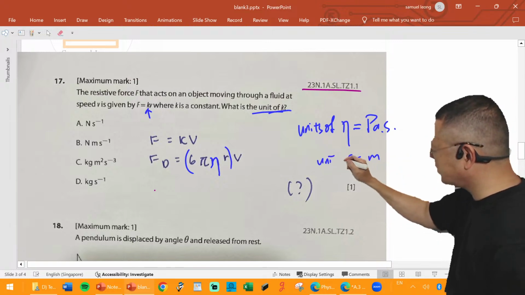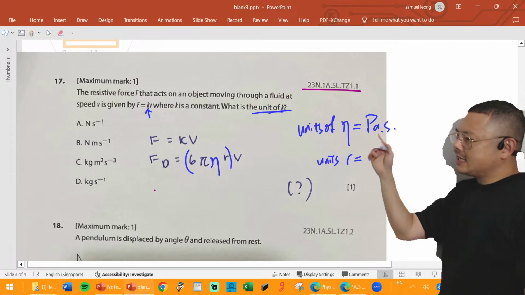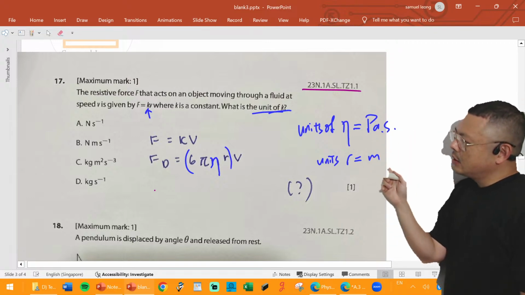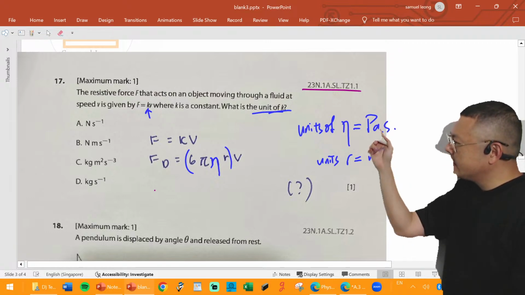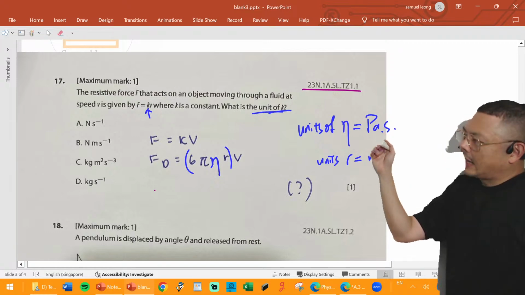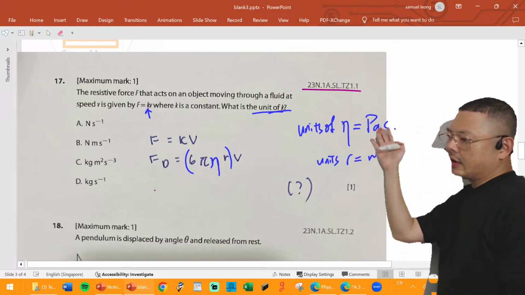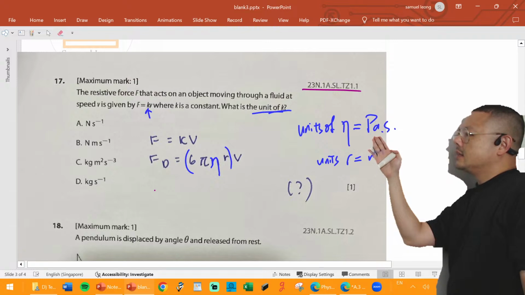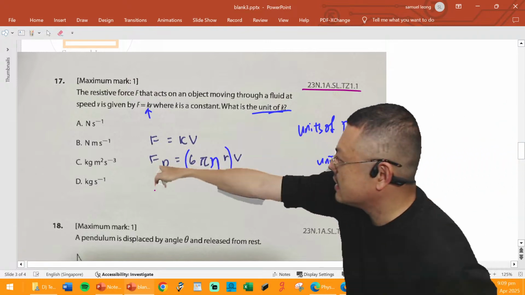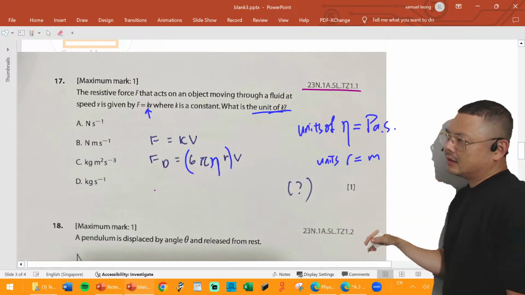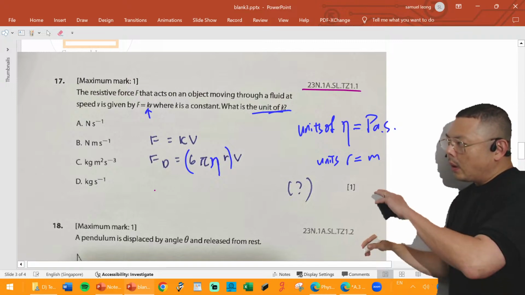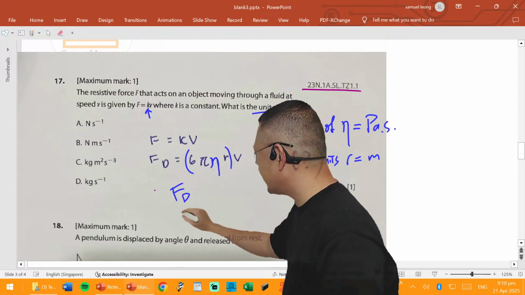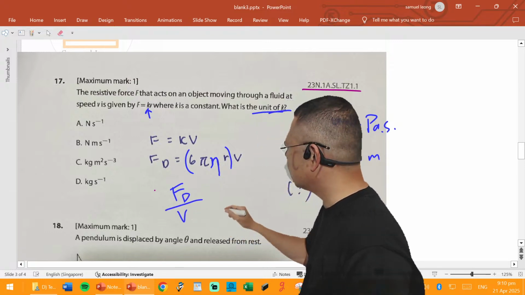Let's say you didn't memorize it, and in fact, even if you memorized it as Pascal seconds, you might not even know why Pascal is not there. Then you have to go back and figure out that Pascal is force over area, then force is Newtons. So presence in the form of absence, what you can do is take the drag force divided by the speed, because V is speed.